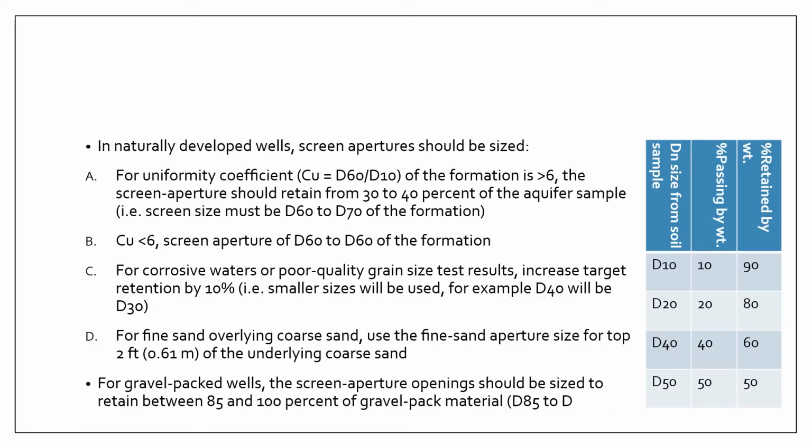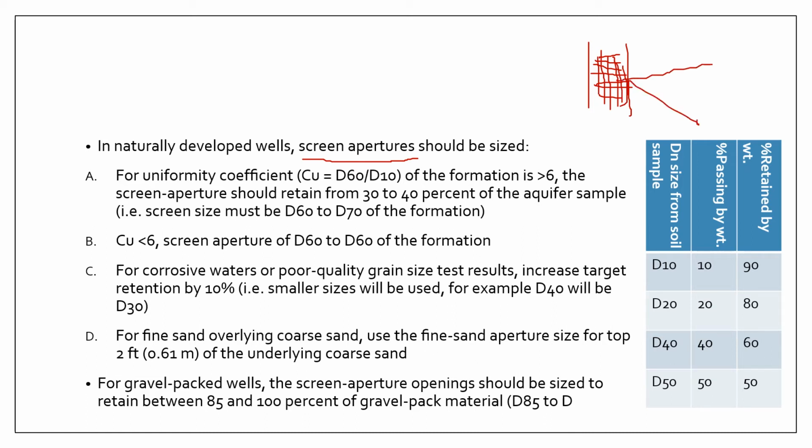Now let's talk about the sizing of the screen aperture or the size of the opening of the screens. So if this is your screen, this will have apertures or openings, and they typically have a crisscross pattern.